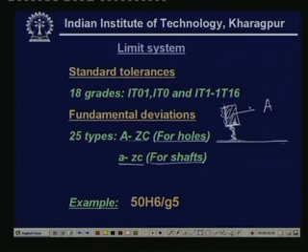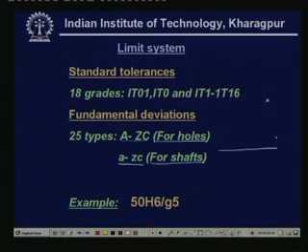I would like to draw this figure once again, just for clarity's sake. And this is the A. I have drawn it in a smaller manner than the earlier drawing. The reason is that this tolerance level, let us consider as say IT1. In a similar manner, if we take IT5, then this tolerance band increases.